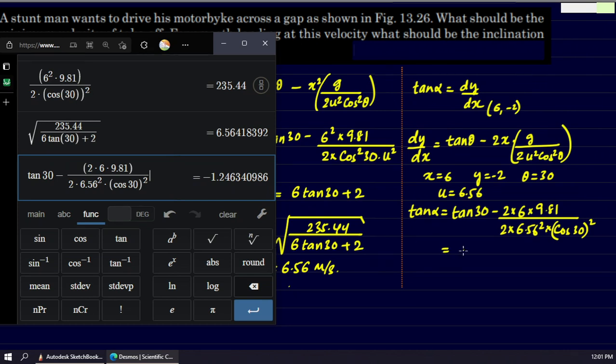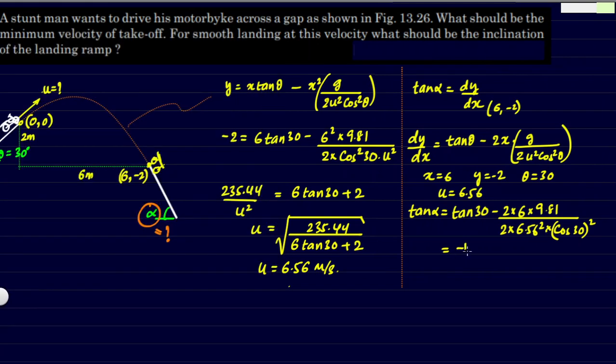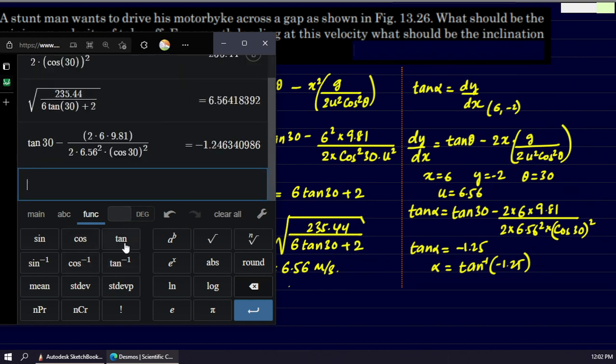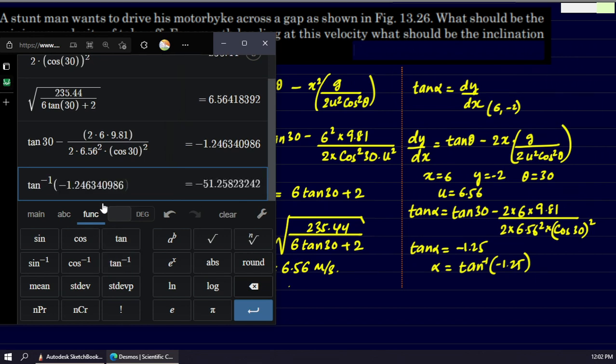We are getting the value as minus 1.25. So that is the value of tan alpha. If you are interested in alpha, you just need to take tan inverse of this value, that is minus 1.25. So let's copy this value and take tan inverse of this. We are getting an angle of minus 51.26.